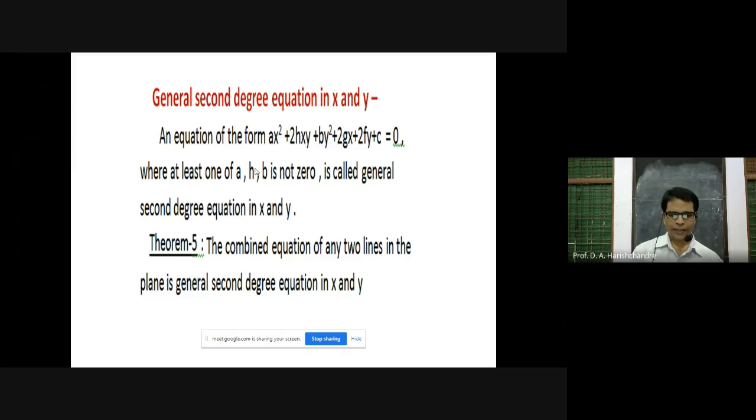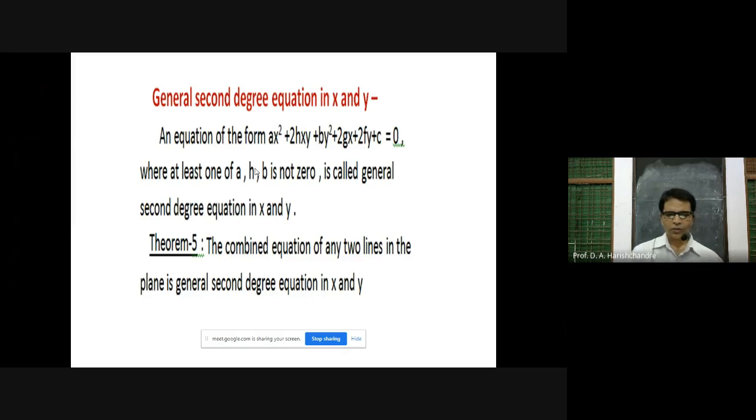If all of them become 0, ultimately it will not be the general second degree equation. It's called general second degree equation in x and y. So you have to remember this condition, which is very important. At least one of the coefficients among a, h, and b should be non-zero.